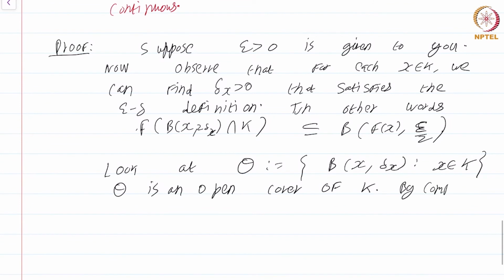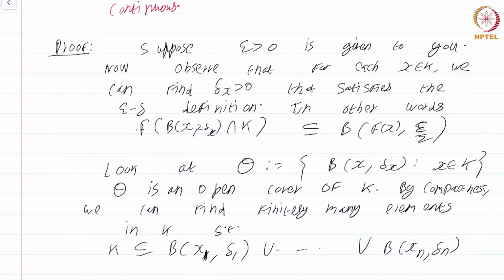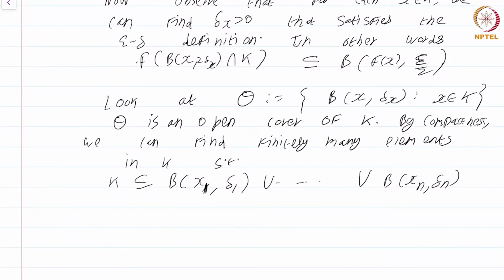By compactness, we can find finitely many elements in K such that, for ease of notation, I'm going to simplify the subscripts, such that B(x1, delta 1) union ... union B(xn, delta n) covers K. Technically I should be writing delta x1, delta x2, and so on.